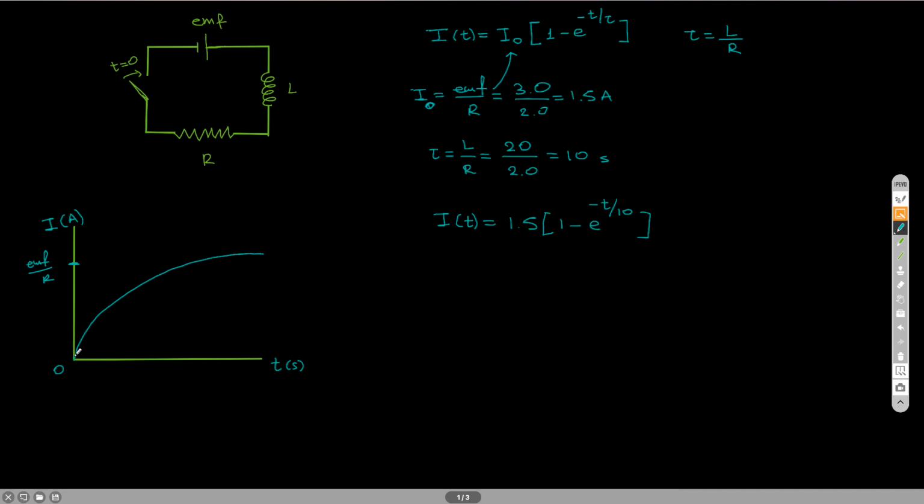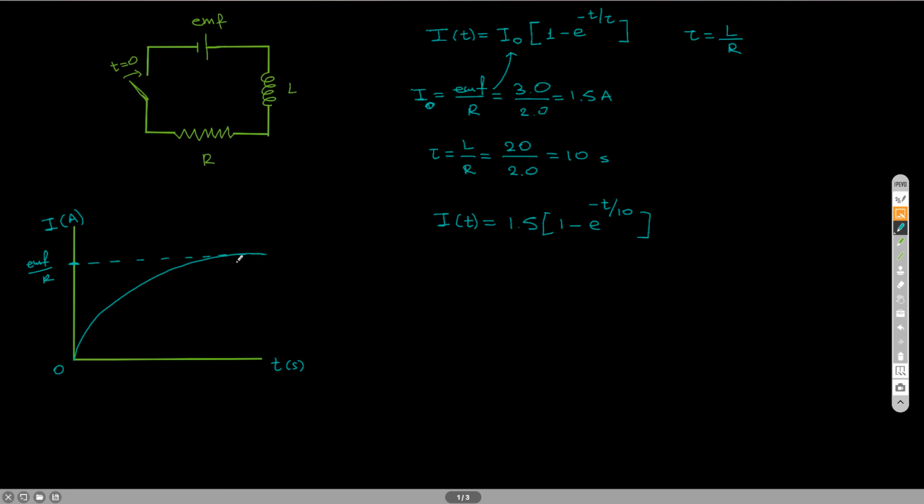Okay, the inductor at t equals 0 is doing a great job in opposing the change that I want to make. However, the inductor will not be able to keep opposing that change. The current will slowly increase until it reaches the value of EMF over R.